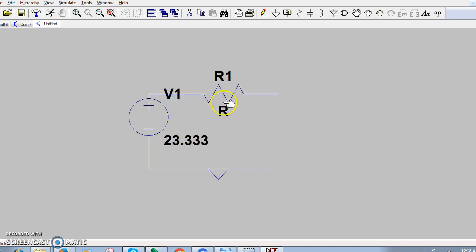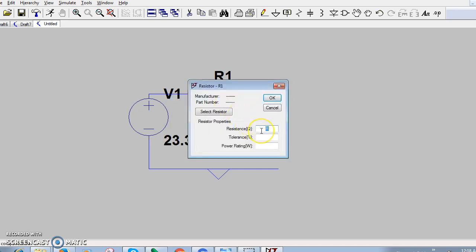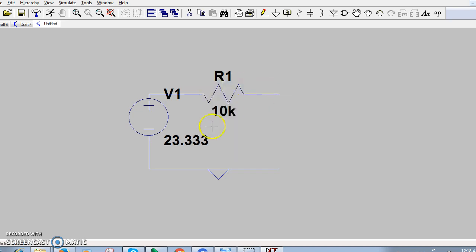Okay, so this is the Thevenin equivalent circuit. Let us check this by adding a load resistance. Just connected by wires.